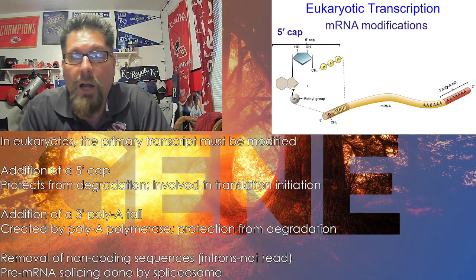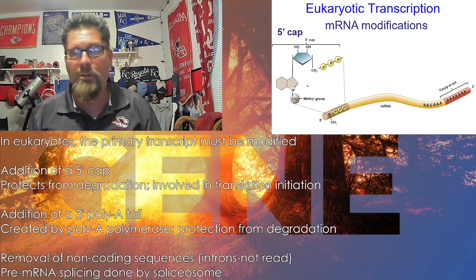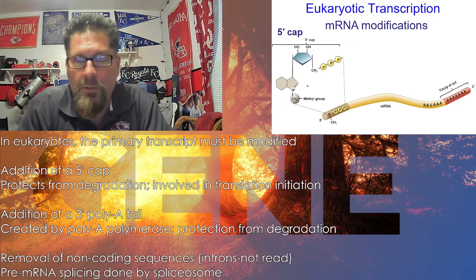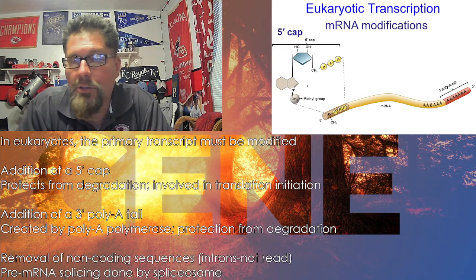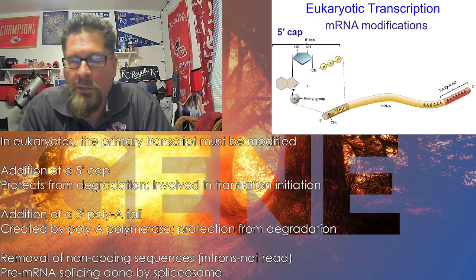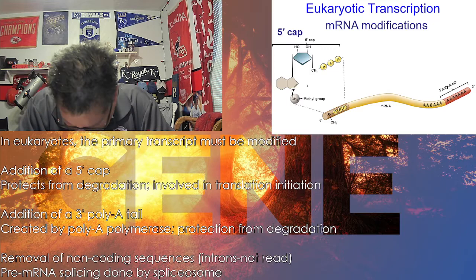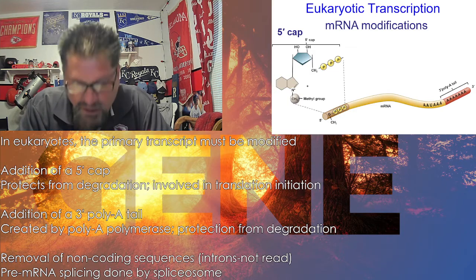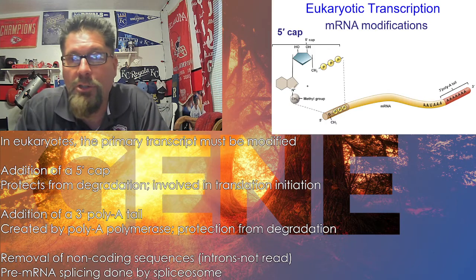Those prime ends, the 5' and 3', are particular molecules. Once the RNA strand is complete, you've got to add that 5' end.